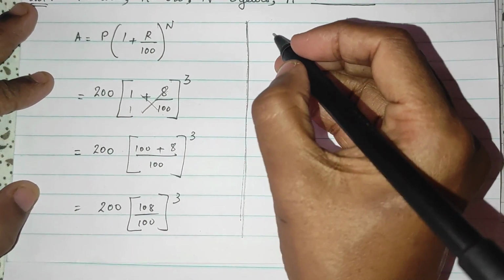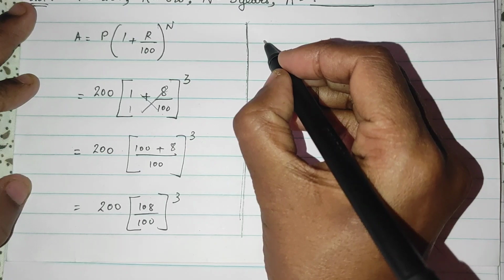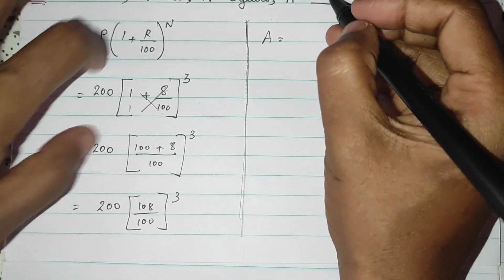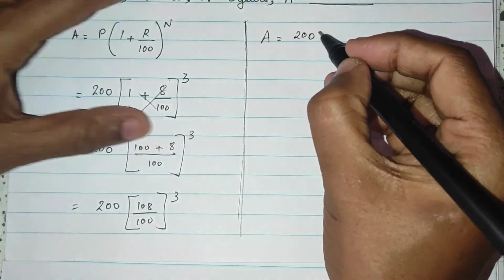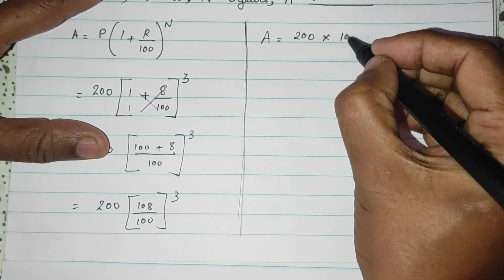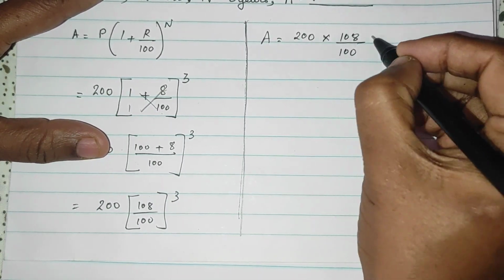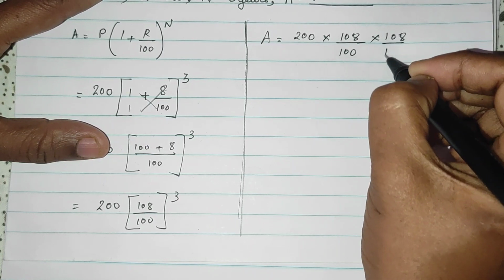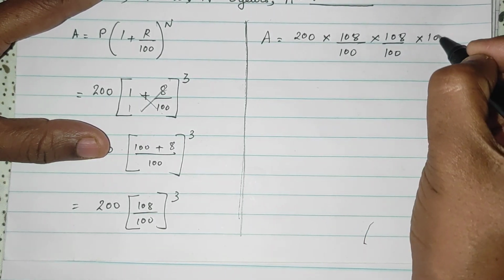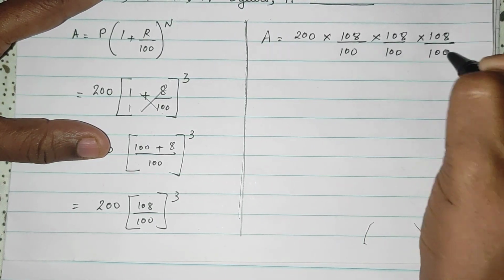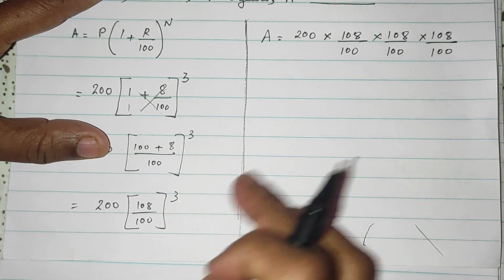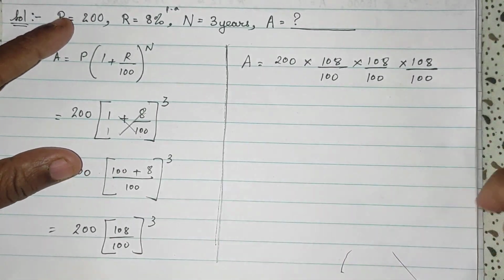So here when we write this, amount equals 200 into 108 upon 100 into 108 upon 100 into 108 upon 100. This is raised to 3, so thrice.